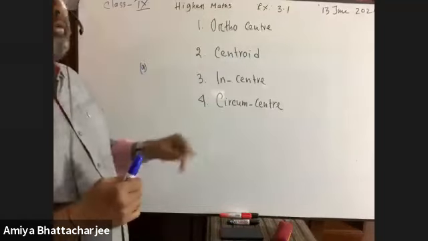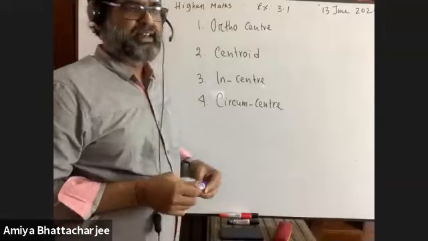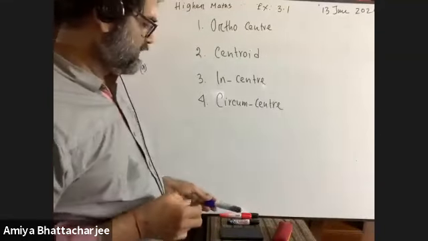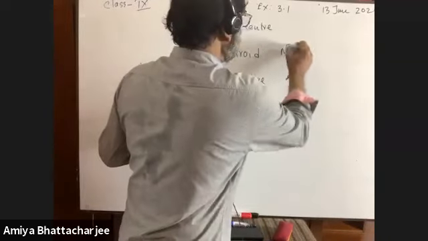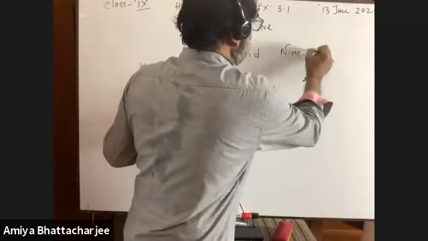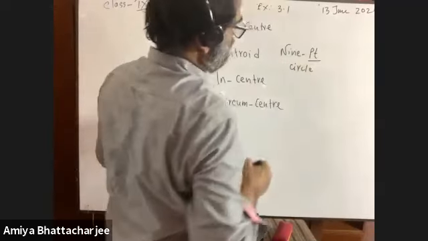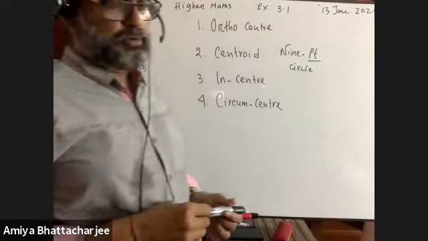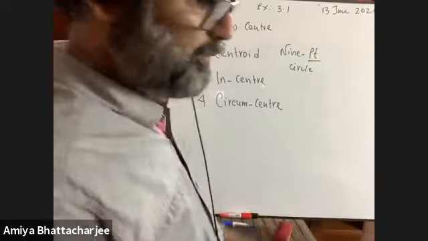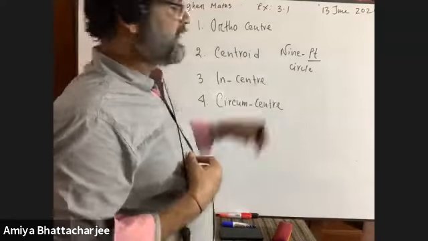Out of these 4, 1 is given. Another one is given in exercise 3.2, that is called the 9-point circle. I repeat, 9-point circle. But it is in 3.2, not in your syllabus for this half-yearly examination.